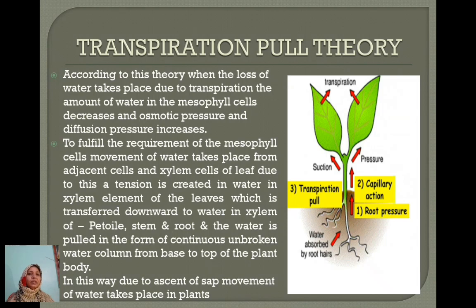To fulfill the requirement of water in mesophyll cells, water from the neighboring cells is supplied to the adjacent cells by means of the xylem cells of the leaf, and due to this a tension is created in the water in the xylem element.